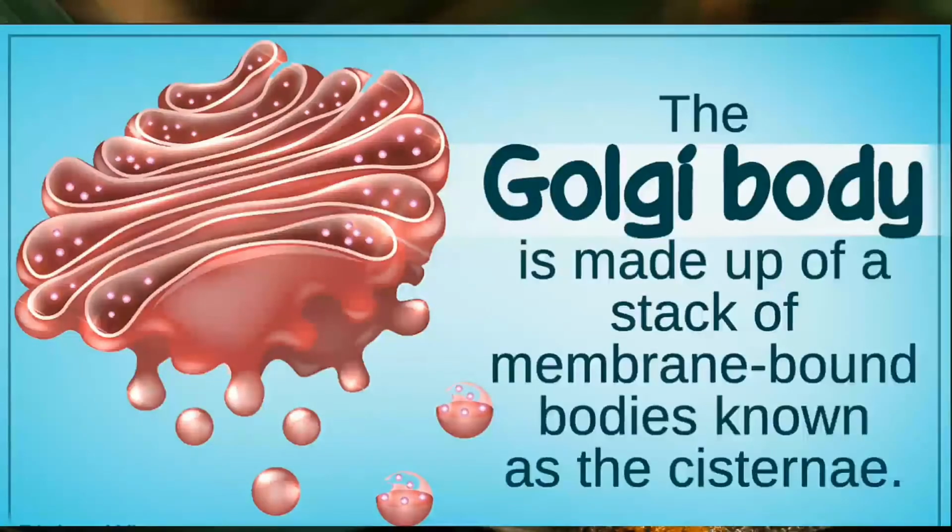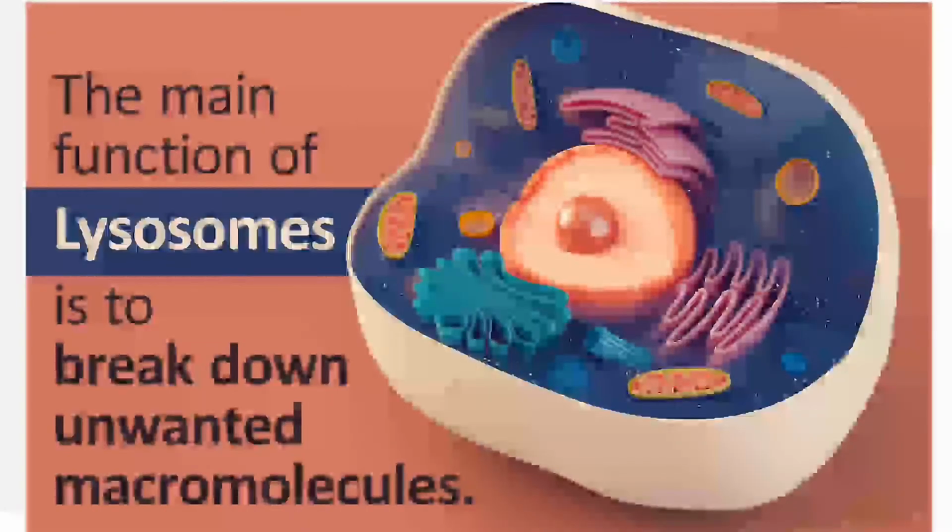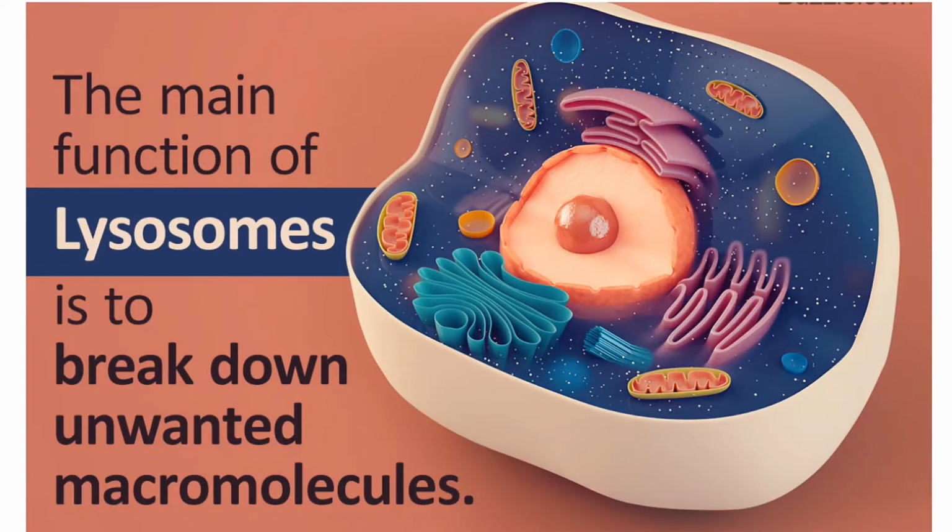Then also we have the Golgi body, which in some texts we have as the Golgi apparatus. This Golgi body is made up of a stack of membrane-bound bodies known as the cisternae. That is the aspect of the Golgi body or the Golgi apparatus. Then we have the lysosomes.